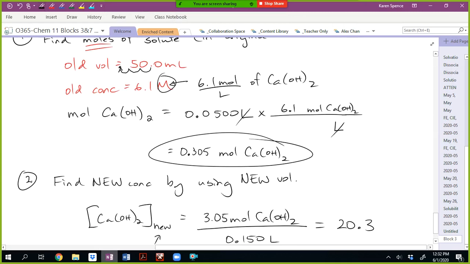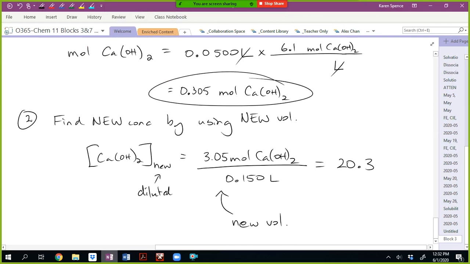Let's go fix it in the other part. That's going to be 0.305. And that's going to give us 2.03 molar. Huzzah! And we are done.